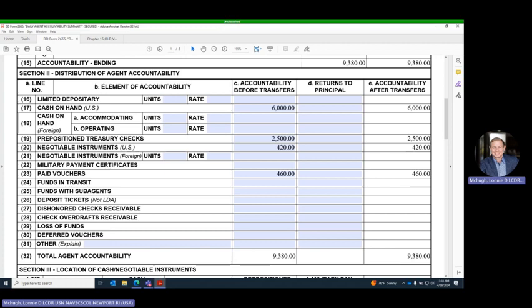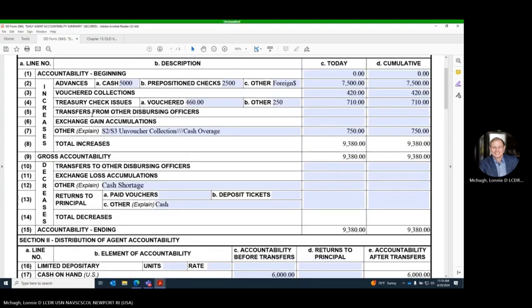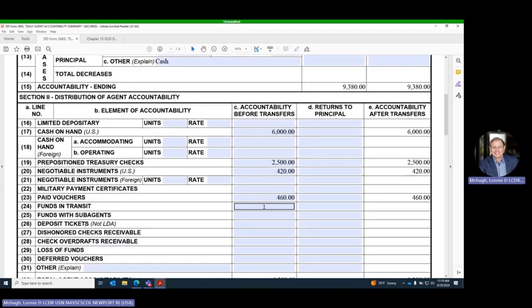So let's say that we went and cashed a check for Seaman Timmy and several of his friends in the amount of $500. So we're going to add this here, makes this 920. This will drop our cash down to 5,500.